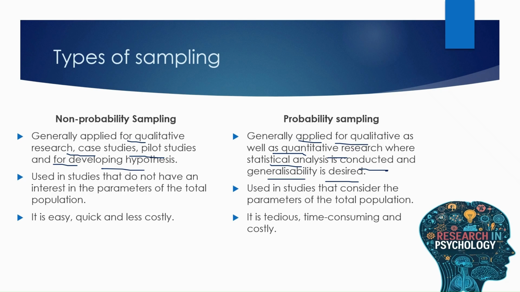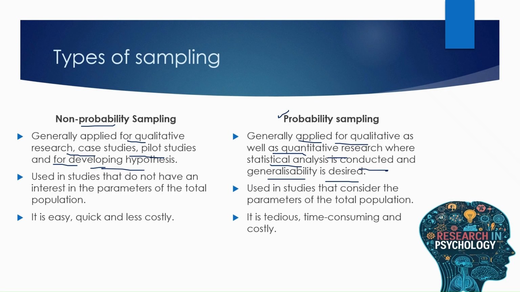Why is generalizability desired? Because when you are using probability sampling, the sample would be a true representation of the population, in which case whatever results you are getting for the sample can be extended for the whole population also, right? While here in non-probability sampling, we will be using it for qualitative research, where you do not want to do any statistical analysis and you are not looking for generalizability, just for developing a hypothesis which you will test later.